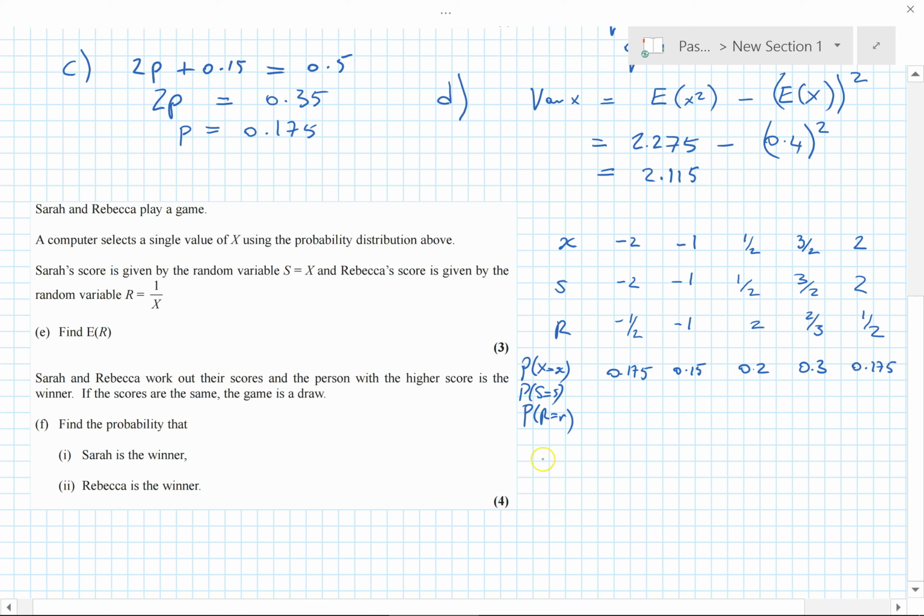Okay, so we've got E of R is equal to -2 times 0.175, not -2, let's read the right ones, I've written too many numbers here, -1/2 times 0.175, and then -1 times 0.15, and then 1/2 times 0.2, no, 2 times 0.2, it's that times that, 2/3 times 0.3, because we're looking at the R ones, and 1/2 times 0.175.